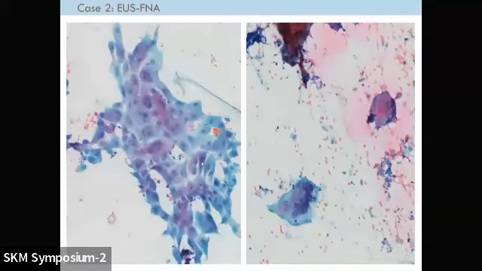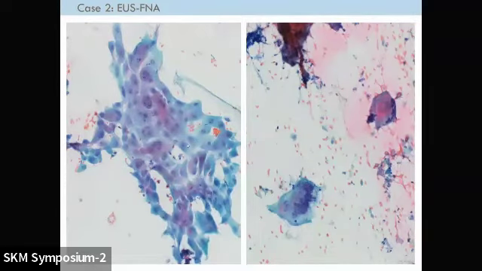Another image from that atypical appearing group, as you can see over here, shows this characteristic two-tone cytoplasm, which is to some extent similar to what you see in Pap smears that show radiation change. However, if you look at the nuclear features, the nuclei have kind of smooth outlines.